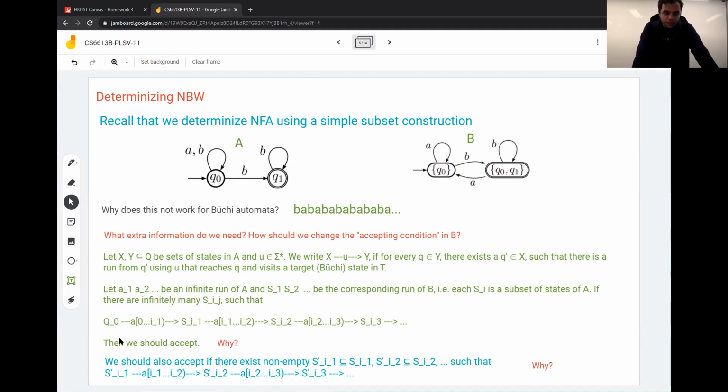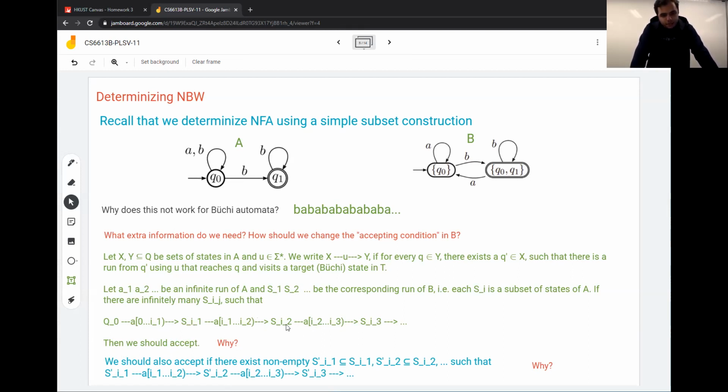So if I have such a sequence, and these Si's are basically subsequences of my run, right? What does this mean? It means that for every vertex in Si1, there was an initial vertex such that I could run this part of the word and get to this vertex in Si1, right?